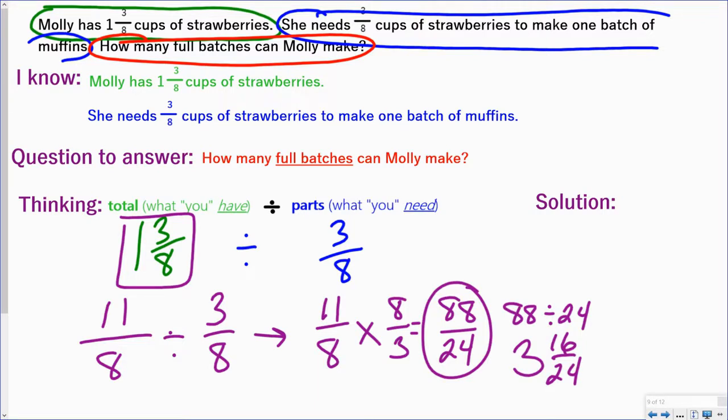So the question asks, how many full batches can Molly make? Well, I have a whole number of 3, and then I have a fraction of 16/24. Well, the fraction is only a part. So the full batches would be the whole number, which is 3. So my solution, or my answer, would be 3 full batches.